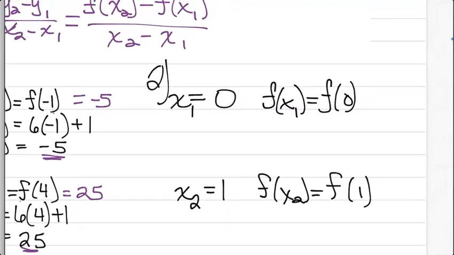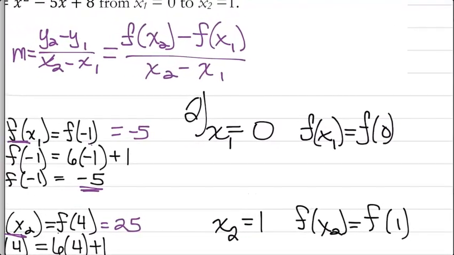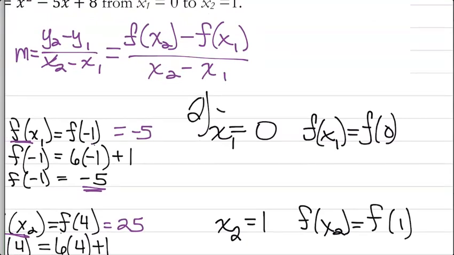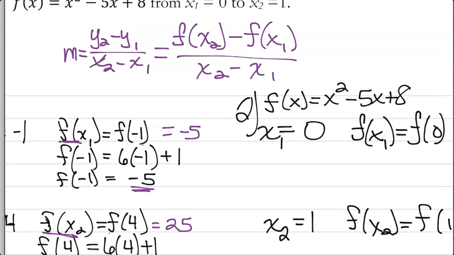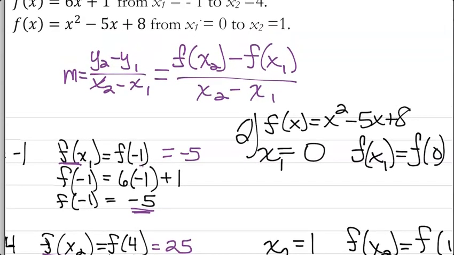On number 2, my function did change. I forgot to point that out. On number 2, my function is f of x equals x squared minus 5x plus 8.